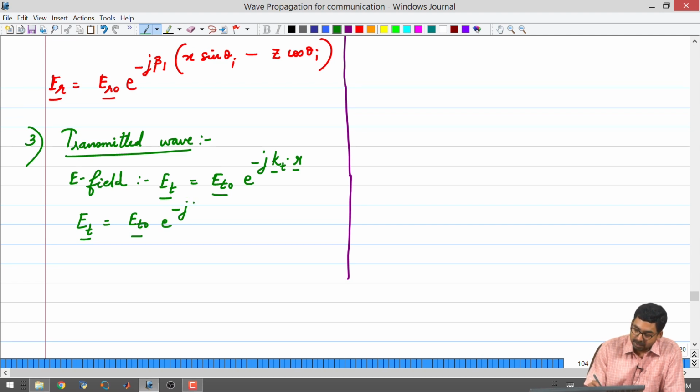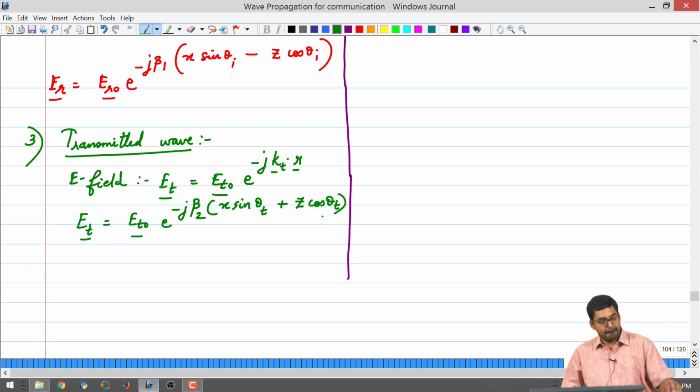Another thing that we have to notice is the phase constant for the second medium is beta 2. So, it looks like x sin theta t plus z cos theta t. Okay.